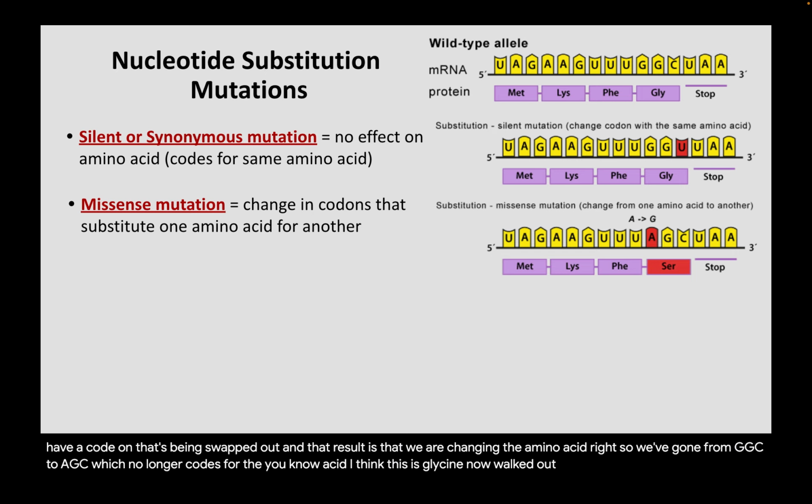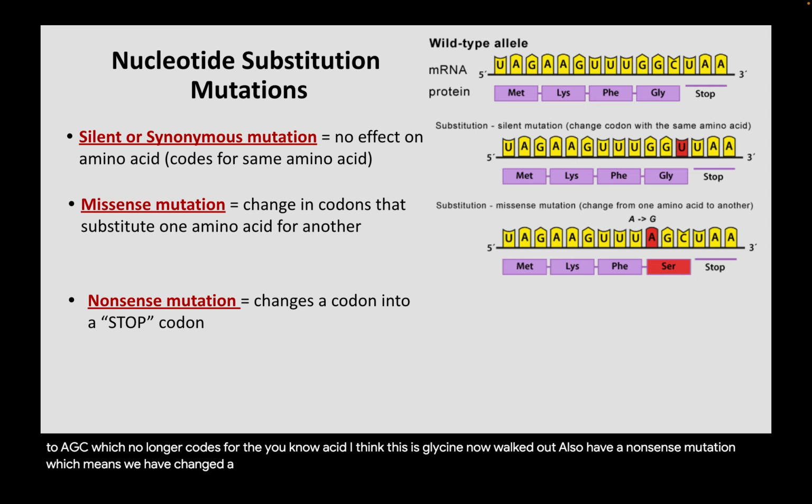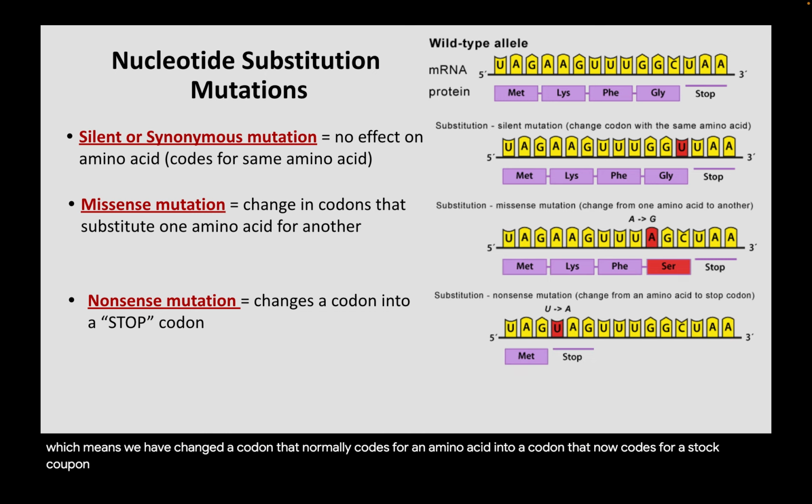We can also have a nonsense mutation, which means we have changed a codon that normally codes for an amino acid into a codon that now codes for a stop codon. What that means is that we are prematurely stopping translation of this mRNA.